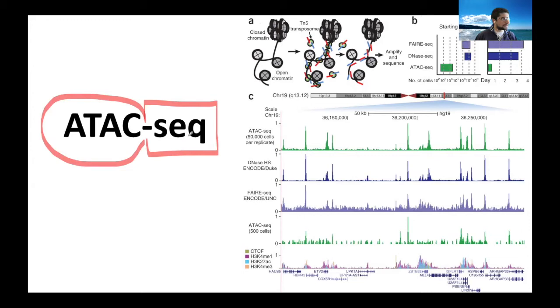But basically what happens is you add this Tn5 transposon to the chromatin, and this transposon is cutting the DNA and adding the adapters only when the DNA is not bound by a protein, okay? So if DNA is bound by a protein, like for example in nucleosomes or in regions where you have a huge occupancy of transcription factors, in that region, the transposon is not able to cut the DNA, okay?